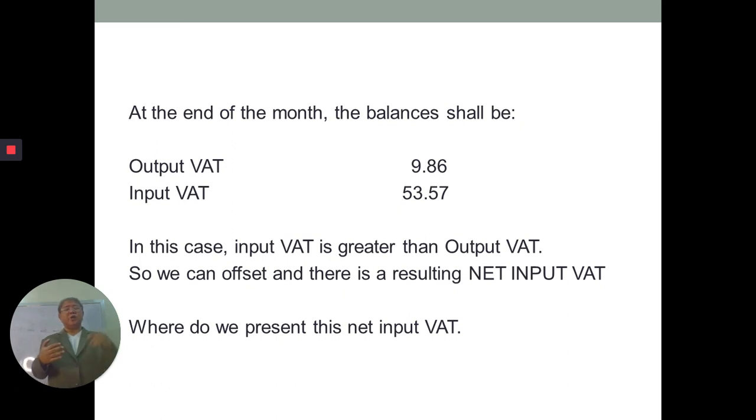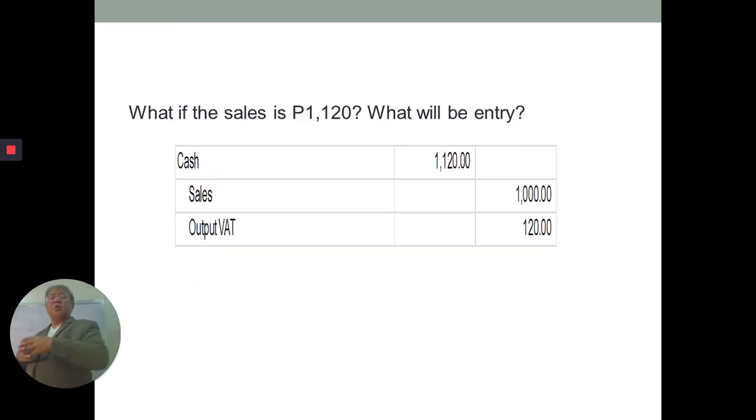Now, what if the sale is 1,120? What will be our entry? Our entry would be debit cash for 1,120, debit sales for 1,000, and credit output VAT for 120 pesos. So again, you have an output VAT of 120 pesos.